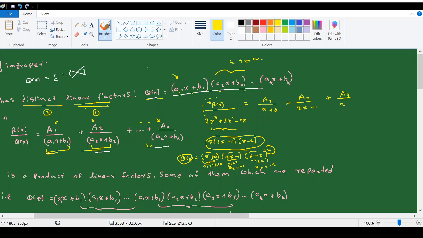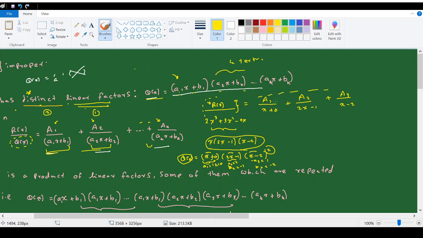So what we should do is, if we have an improper fraction, we should check whether the denominator of the improper fraction falls under the first category. That means whether it can be simplified into linear distinct factors. This distinct property is also important. If it can be written as a product of linear distinct factors, then this improper fraction can be written like this.